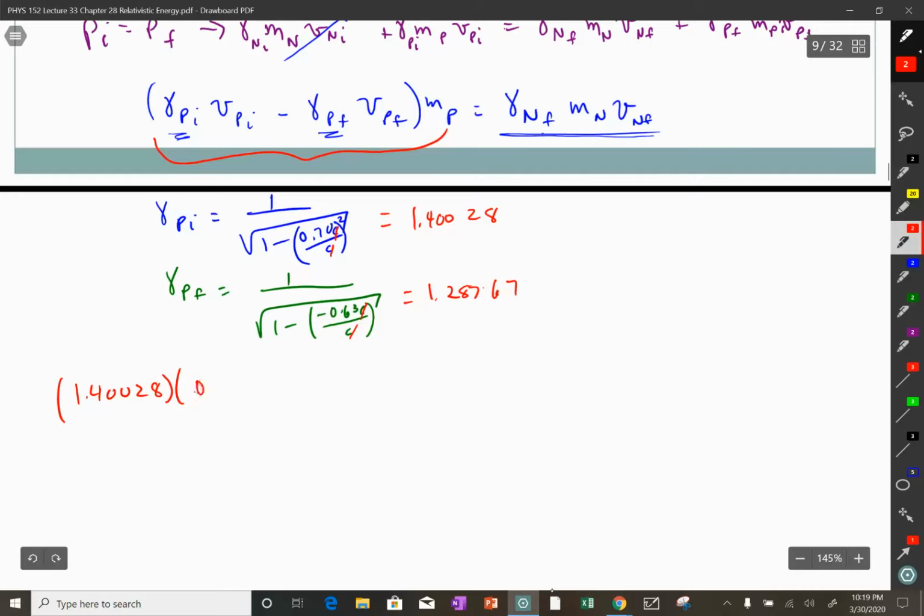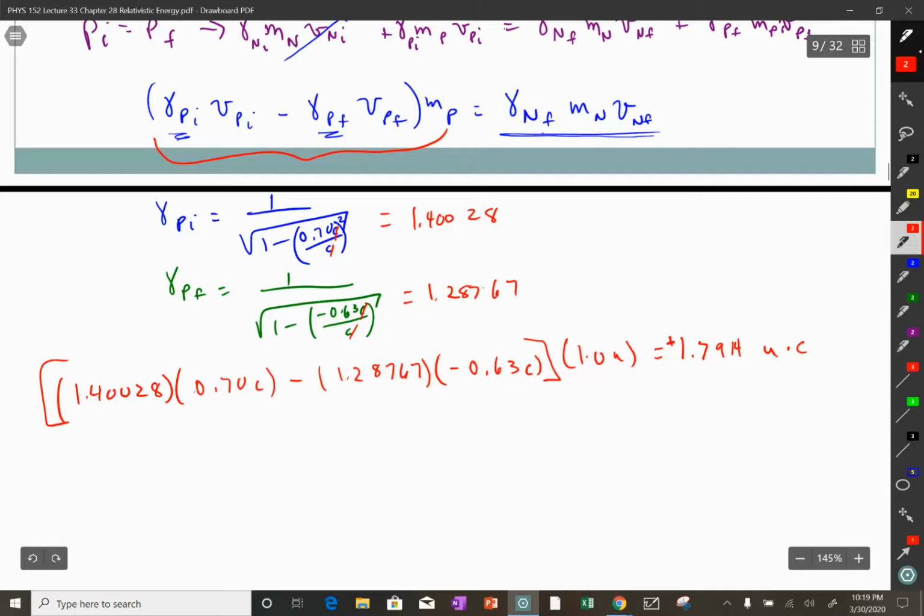Times 0.70 C minus 1.28767 times minus 0.63 C. And that was all times 1.0 U. And so that gives me the left-hand side is, actually plus, 1.7914 atomic mass units times C.